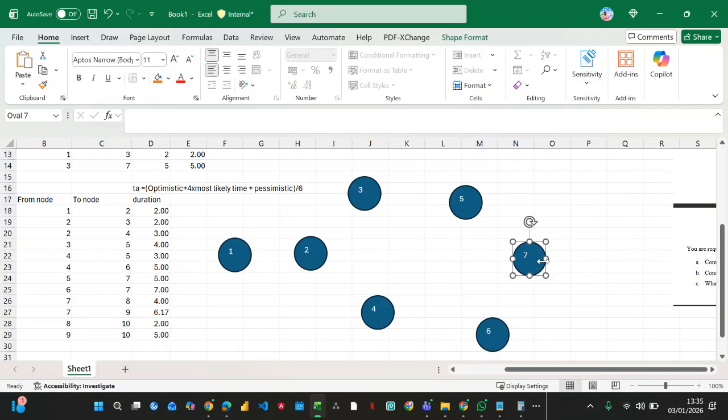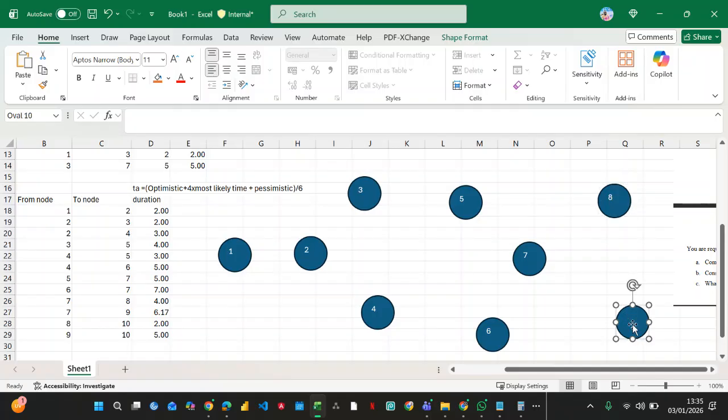From 7 you are going to 8 and 9. You get? See, I'm still shifting this thing. Sorry guys. But I hope you are still seeing. If I can't see, please let me know. So from 7, I'm going to 8, and I'll go to 9.